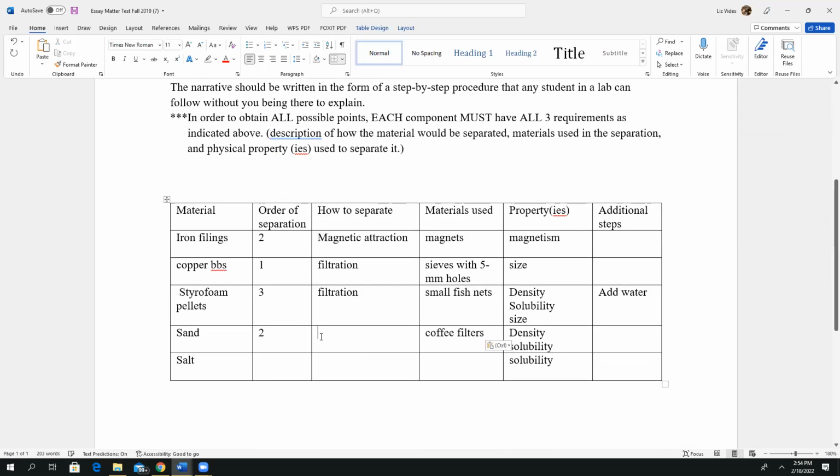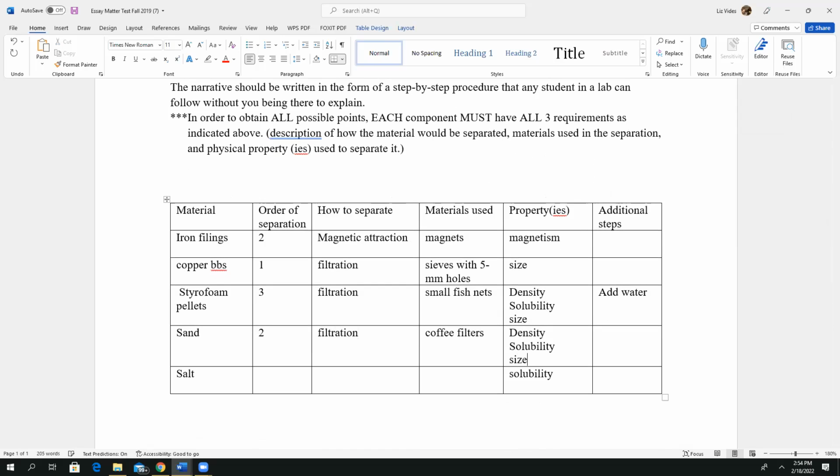So once again, we would be using filtration, right? And size again. But the solubility is also a factor because it is insoluble in water. And the density is also a factor because it made it go down to the bottom. That should have been 4. I'm sorry. And this one would be 5, right?